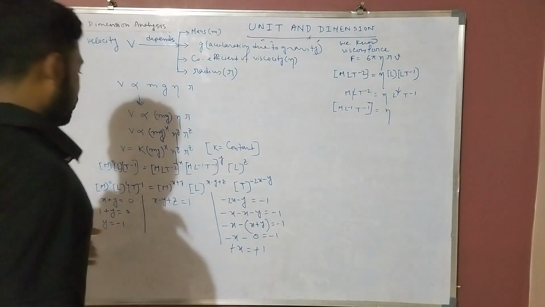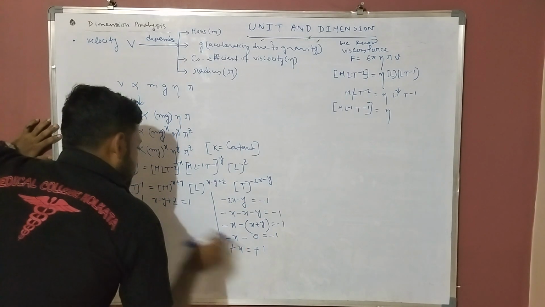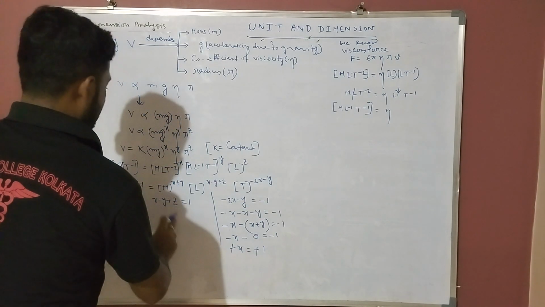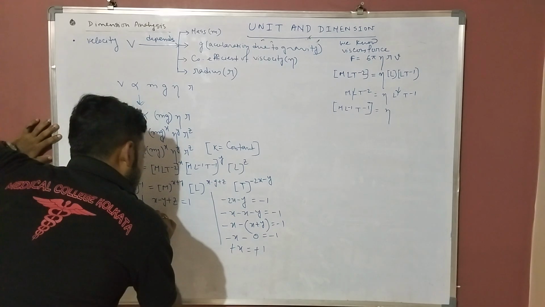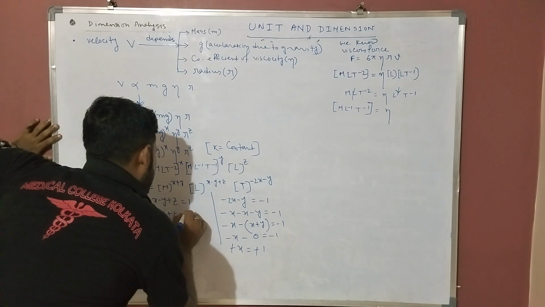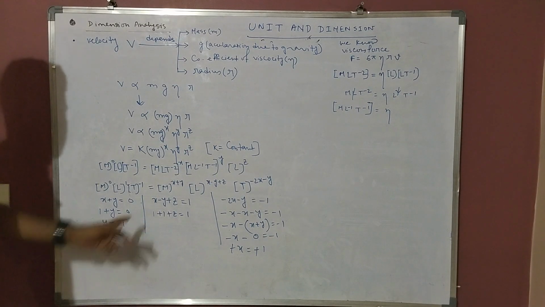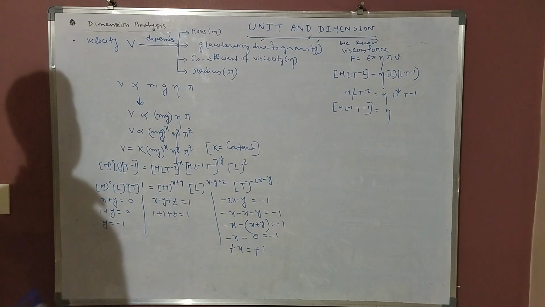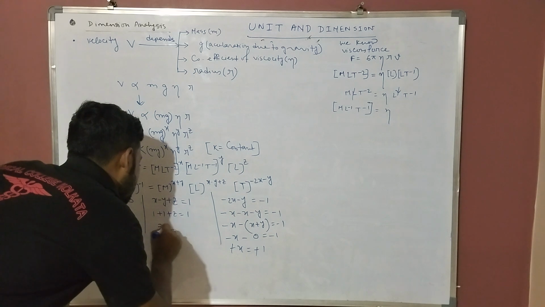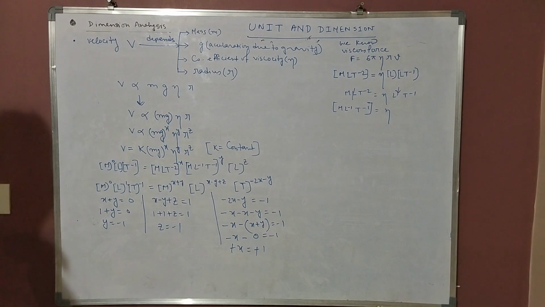Now put the values of y and x in this equation. We get minus 1 plus 1 plus z is equal to 1. So z is equal to minus 1. Understood?